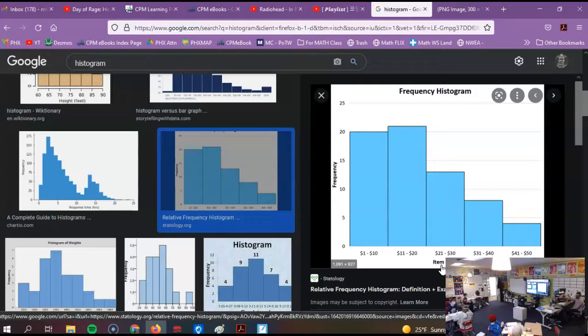And your answers are like dogs, cats, fish, whatever. That's categorical. If you ask people, how many pets do you have? That's numerical. Histograms are used for numerical data, not categorical. A bar graph is what we use for categorical data.